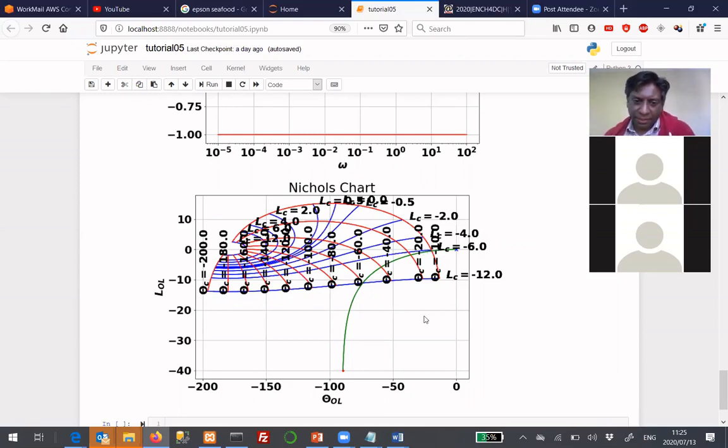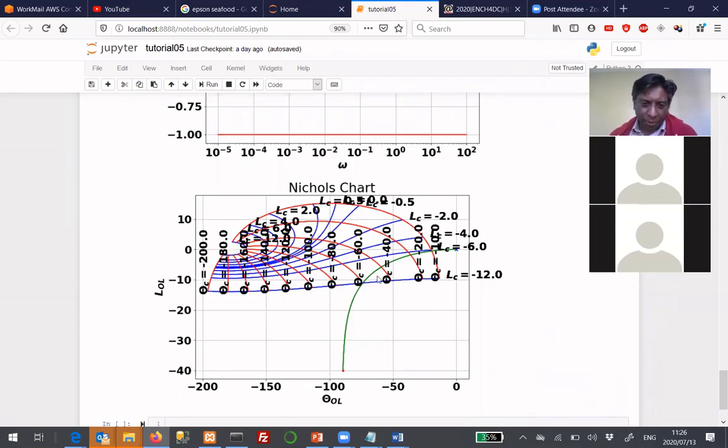And just as a brief motivation for it, we can see that the critical point, let's say minus pi, so minus 180 degrees, is somewhere here, and that's at L equals 0. I forgot to say, we are plotting L against theta. So the angle is here and the magnitude is there. And so at this point, that's the critical point for us.